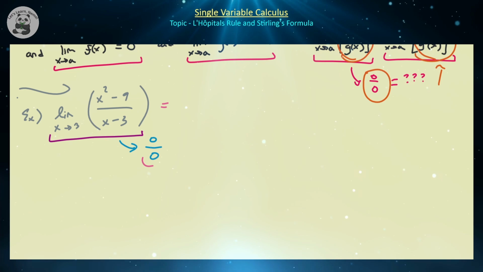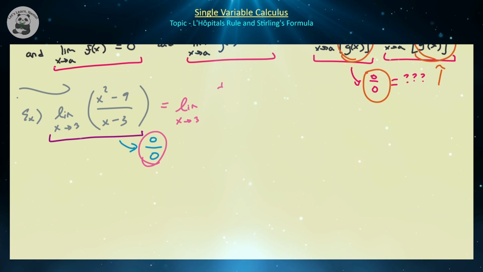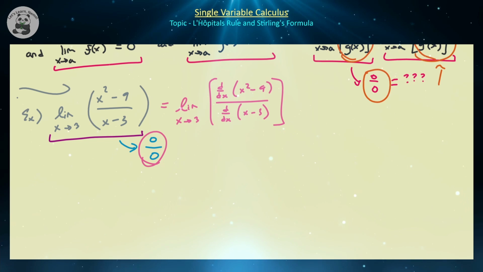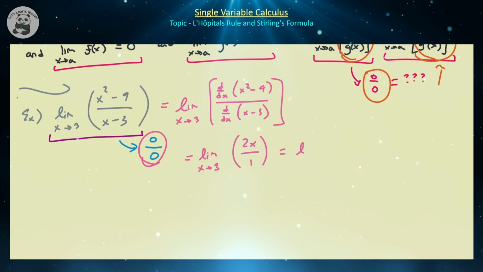Since 0 divided by 0 does not give us any meaningful information, L'Hopital's rule says we can find the limit as x approaches 3 of the derivative of the top divided by the derivative of the bottom. That's going to give us an equivalent limit. That comes out to the limit as x approaches 3 of 2x divided by 1, which is just the limit as x approaches 3 of 2x.